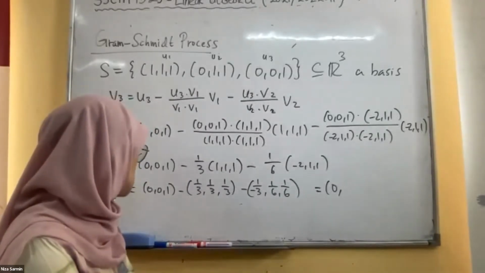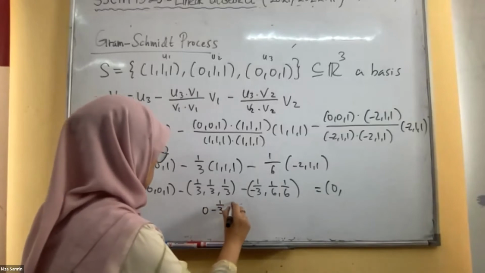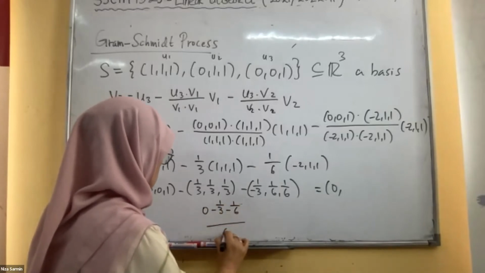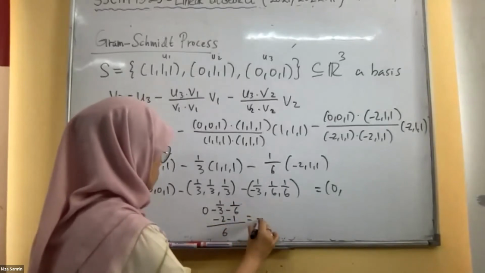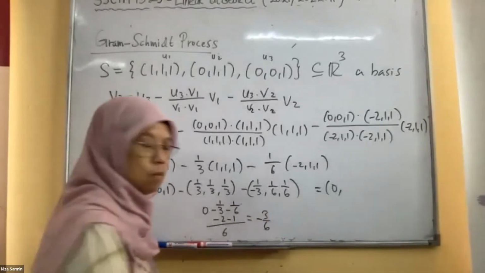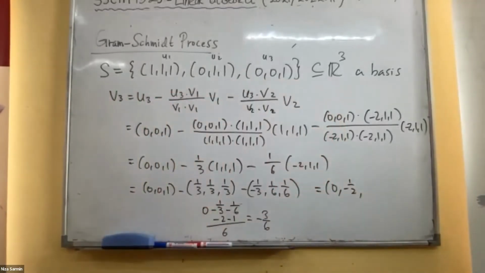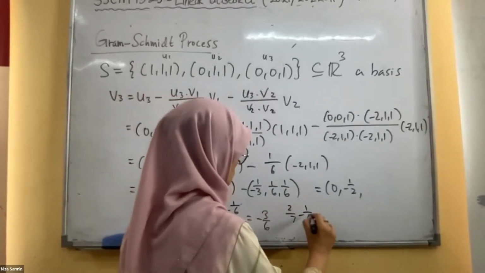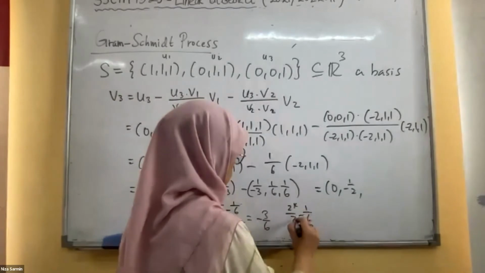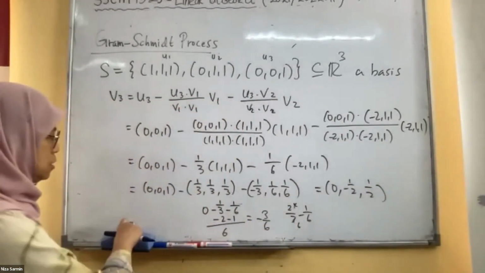Answer? And then last, 1 minus 1 over 3 is 2 over 3 minus 1 over 6. So we can multiply this by 6.